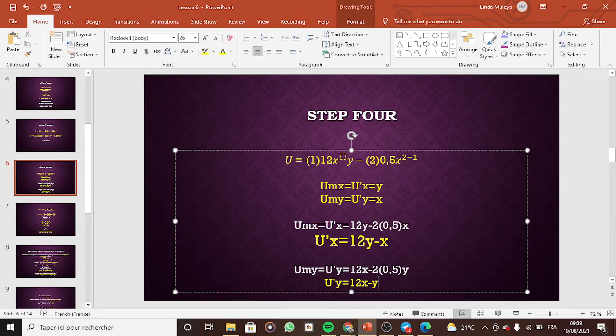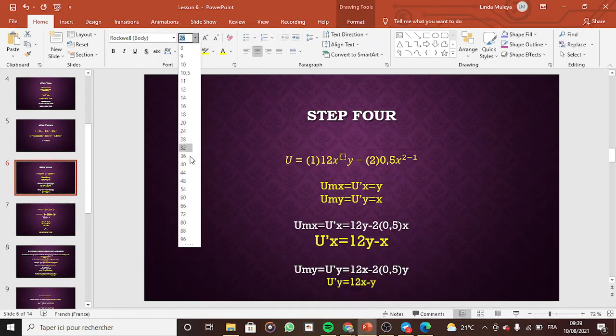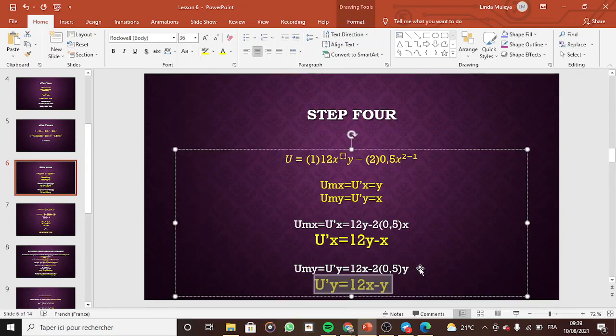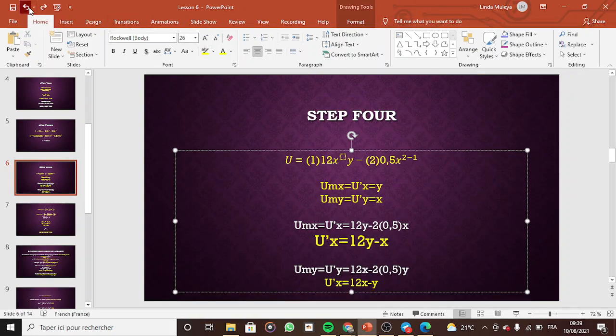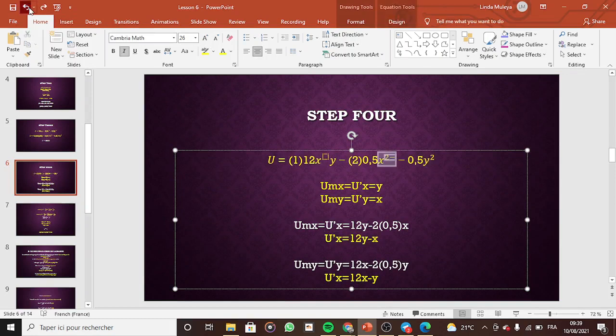Voila. So in this case, you will only be concerned with y. I'll increase this, voila. And you go about the same method. I don't know how necessary it may be to explain that entire point. Let me just bring this back here. Okay, there we go.